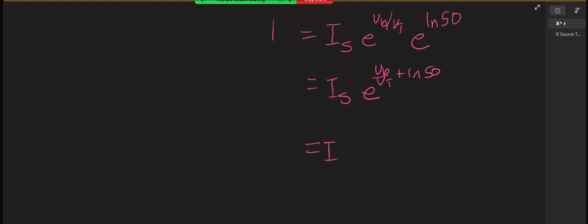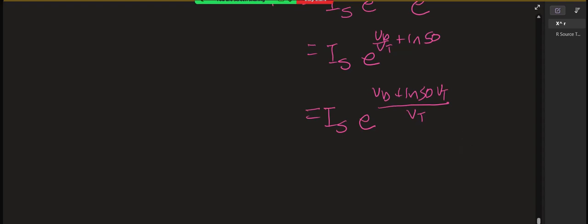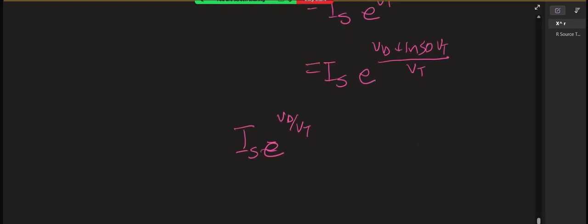So now you can write this as e to the VD plus natural log 50 times VT, just getting a common denominator, over VT. Now if you compare this to our formula, IS e to the VD over VT, we now have a new VD.